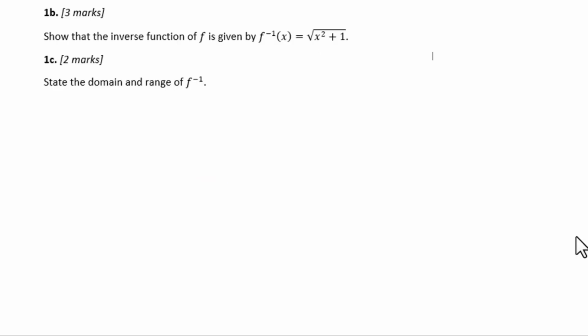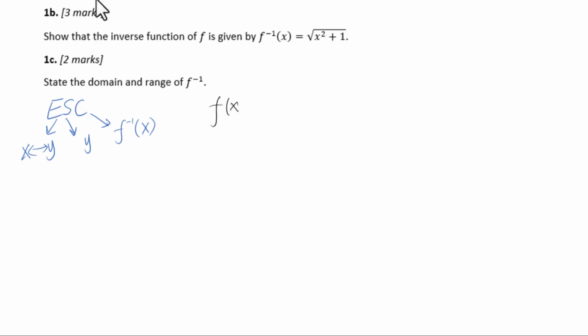Let's go to 1b. Show that the inverse function of f is given by inverse of f of x equals square root of x squared plus 1. Remember, we will use the escape button to figure out this inverse function. Exchange x and y. Solve for y. Then change y into the inverse function symbol.